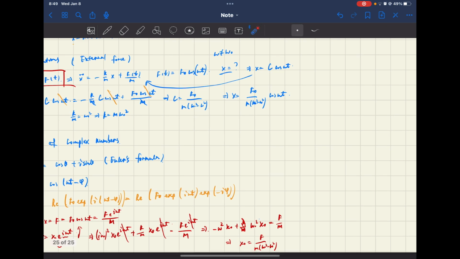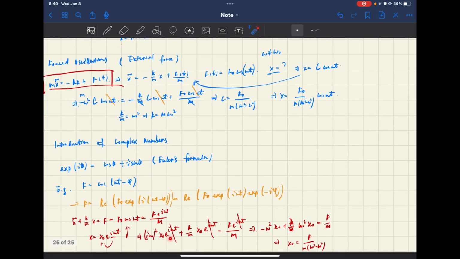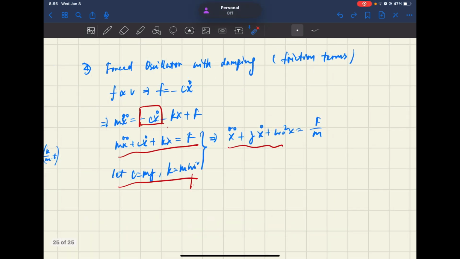However, while I'm doing this calculation by taking the derivatives, the calculation process is much simpler in this case. Okay, now we look into the fourth case, which is the forced oscillator with damping. The term damping means that we're considering friction here. So the motion will gradually decrease to zero after a long period of time.